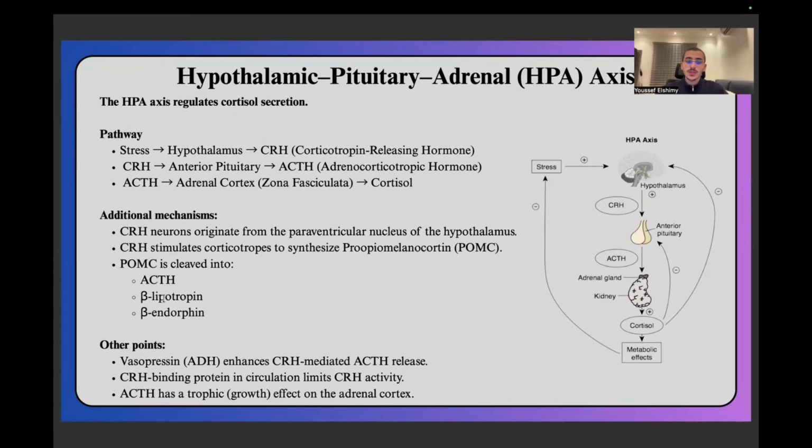It also gets cleaved into beta lipoprotein as well as beta endorphin. Also, the ADH released from the posterior pituitary enhances the CRH-mediated ACTH release. As I said, ACTH has a trophic, or growth, effect on the adrenal cortex, and that is what happens in adrenal hyperplasia. In adrenal hyperplasia, there's increased ACTH, and this leads to growth of the adrenal cortex or the adrenal gland.